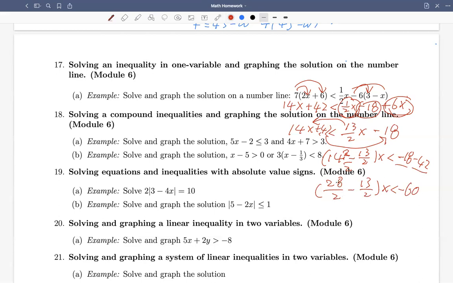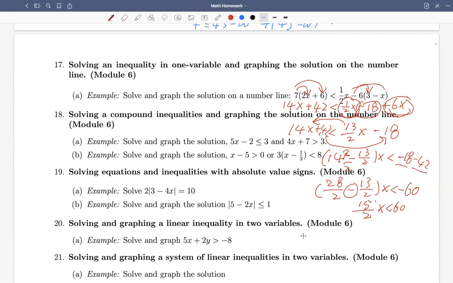On this side, we have a common denominator of 2, so we just perform the subtraction with the numerators. 28 minus 13 gives us 15, right? Yes. So we get 15 over 2 x less than -60.